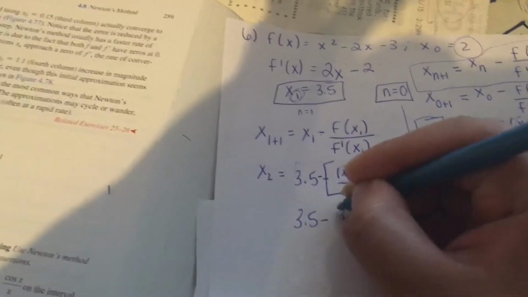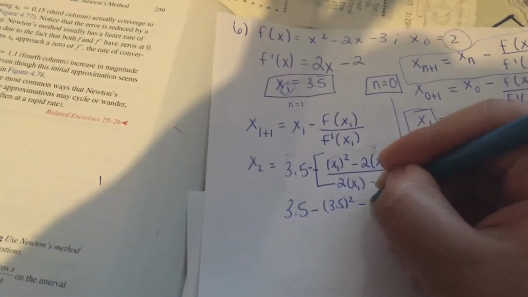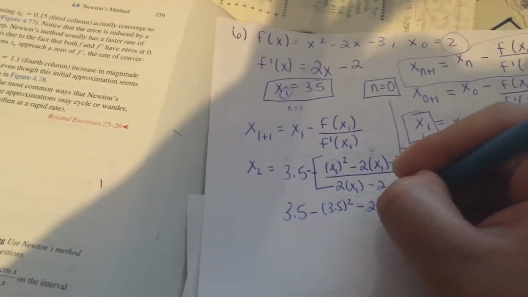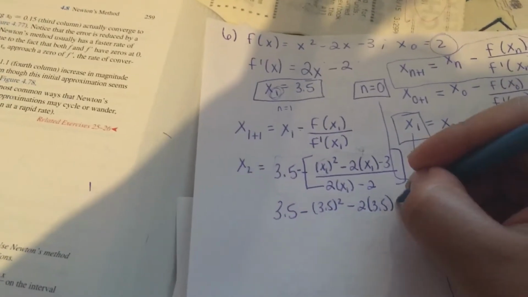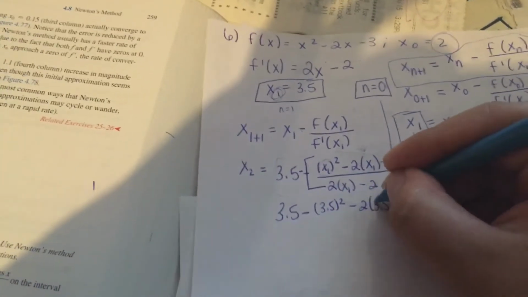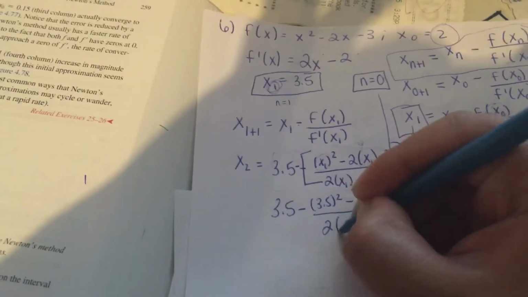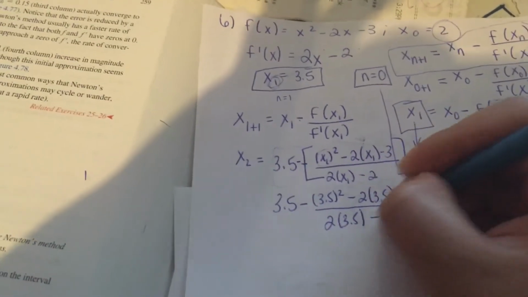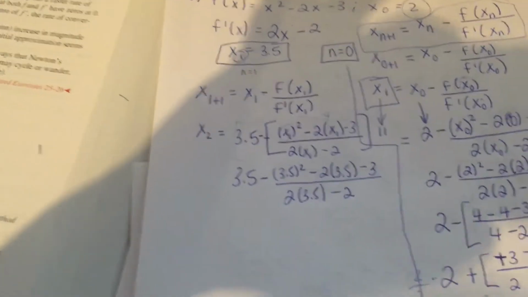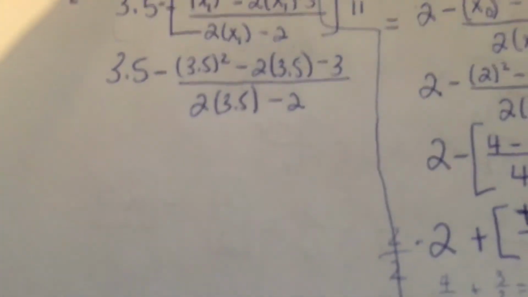3.5 squared minus 2 times 3.5 minus 3. I realized that I cut myself off there, I was too busy writing all this down. Over 2 times 3.5 minus 2. That's great. Alrighty, there we go.